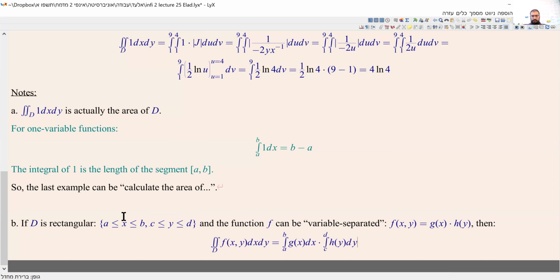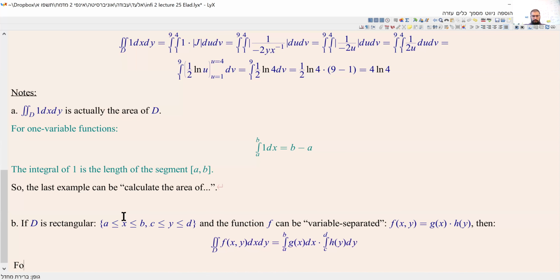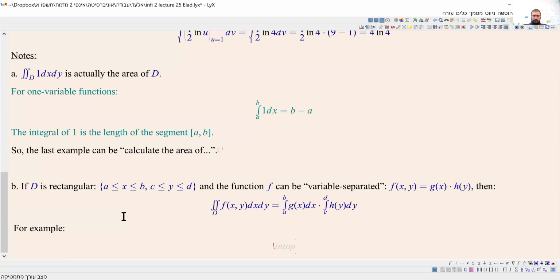For example, let's say we have the integral between 0 and 1 and the integral between 0 and 2, for example, of the function x squared y cubed. The function is separable.